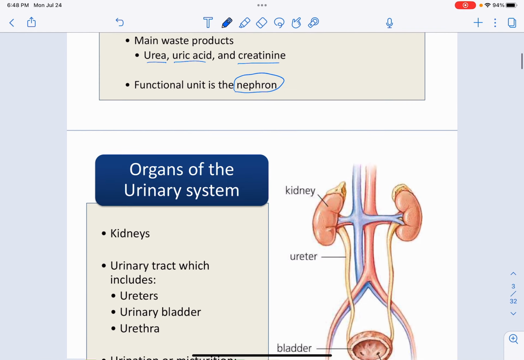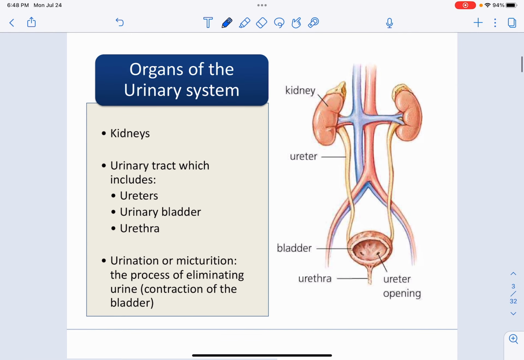All right, so what are the organs of the urinary system? This slide gives a nice view of everything that's involved in the production of urine. So we have the two kidneys, one on each side. We have a urinary tract, which includes the ureters. That's going to transport the urine to the urinary bladder.